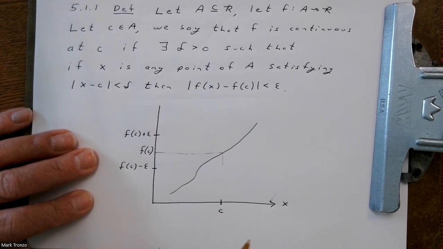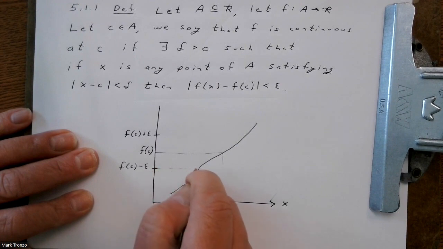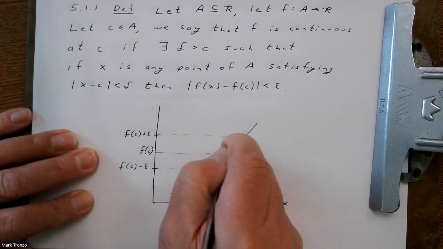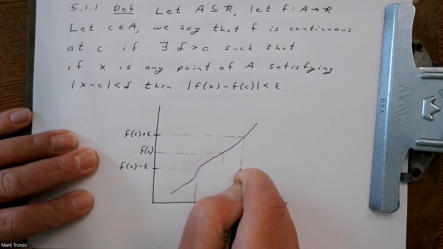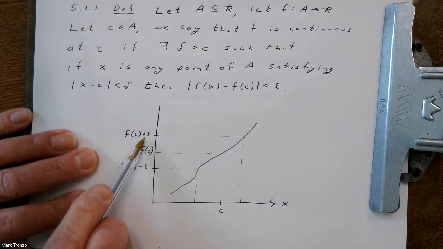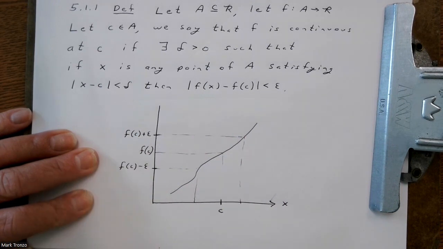And again, you can make it as small as possible so that it'll fall, or I should say map, to f of c minus epsilon to f of c plus epsilon. That would map somewhere in there. Like I said, you can pick it as small as you want, just as long as you can always find one. Let me pick a delta, maybe something like this.